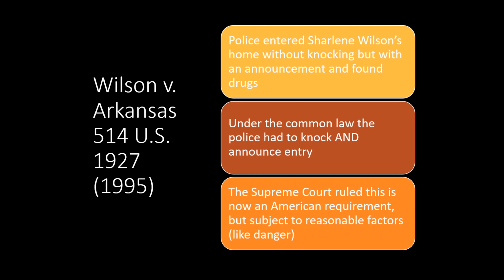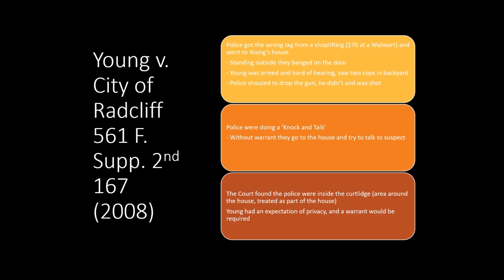But certainly one of the fascinating cases that comes back shortly after this is Young versus City of Radcliffe. And that's going to be the next case we take a quick look at. So in this one, the police got the wrong tag from a shoplifting and went to Young's house.